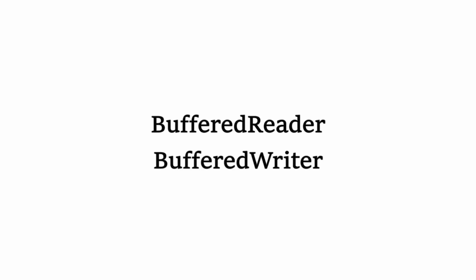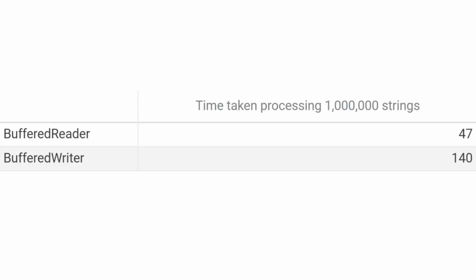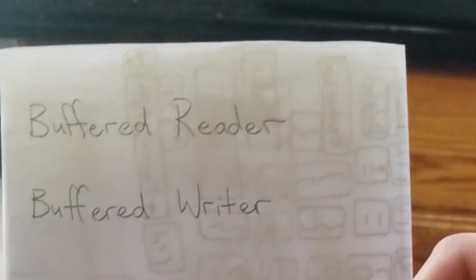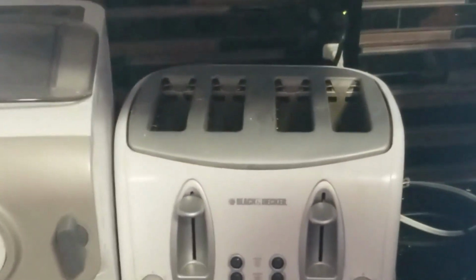I wrote some tests to find out how long it would take to read and write 1,000,000 strings, using the Java built-in buffered reader and buffered writer classes. And as it turns out, it's super fast. But then we thought, maybe the players don't have beefy computers like Lunkle does. For comparison's sake, we ran the same test on my crappy laptop, aka Jari's gaming toaster.